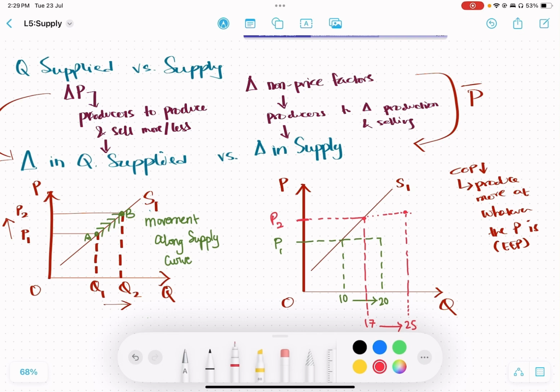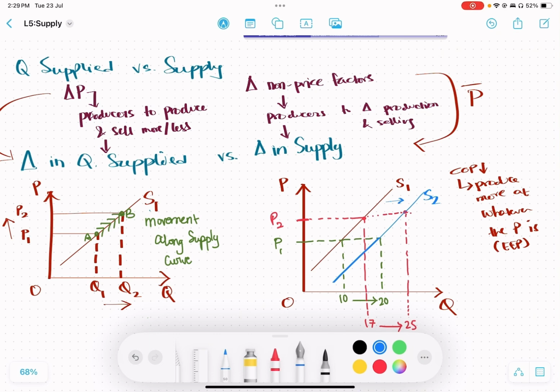Okay. So whatever the price is, they're now willing to sell more, which means the supply curve essentially shifts like this to S2. So there's a rightward shift of the supply curve. So whenever we say there's a change in supply, that is the same as saying that the supply curve has shifted. So now the producers are willing to produce and sell more at each and every price. Whatever is the price, they're now willing to supply more.